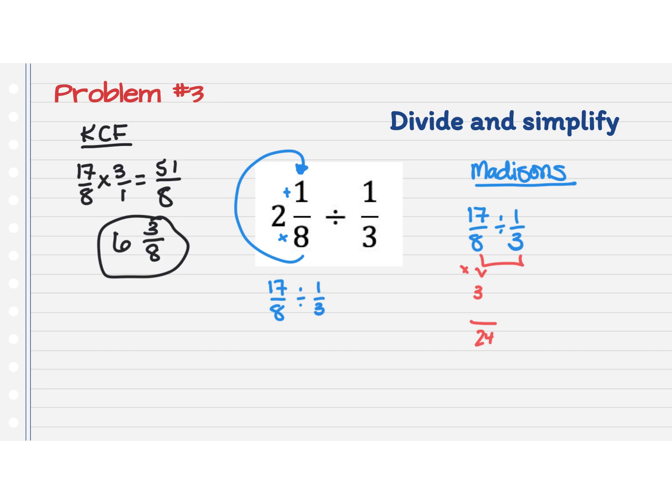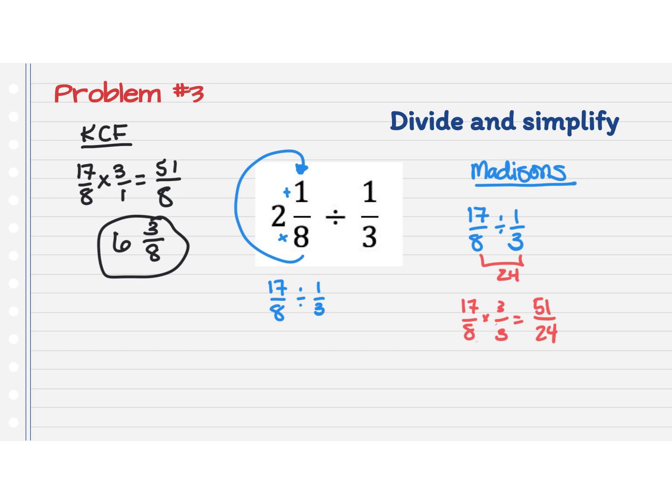We want this to be a common denominator of 24. So we're going to have to change both fractions. So we're going to have to take 17 over 8, and we're going to multiply by 3 over 3, which is going to give us 24, and it's going to give us 51 on the top.